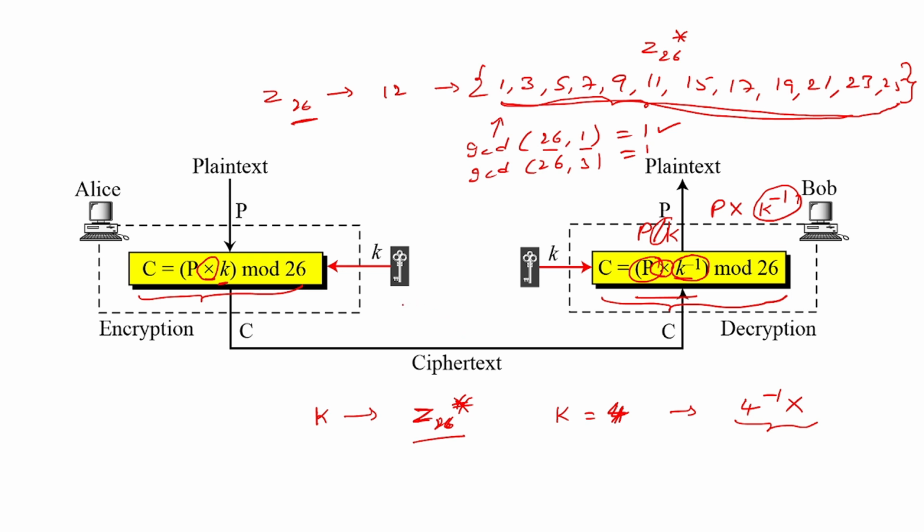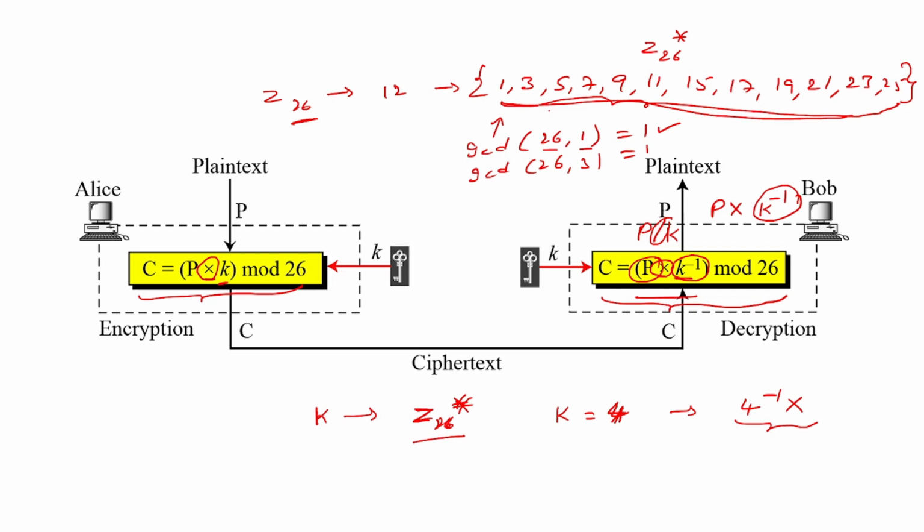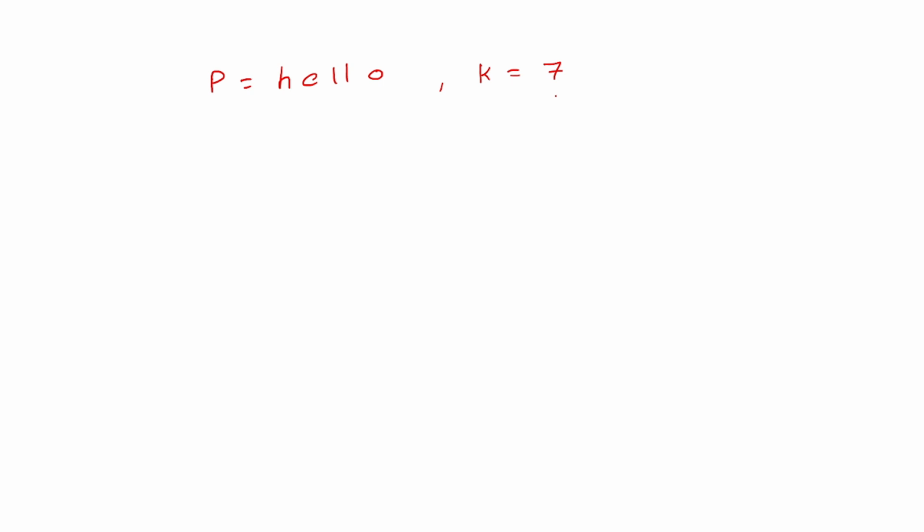Okay, so let us see an example. Suppose the plain text is hello and the key is 7. We need to select the key from Z26 star, and 7 contains the multiplicative inverse. That's why I have selected the key 7.